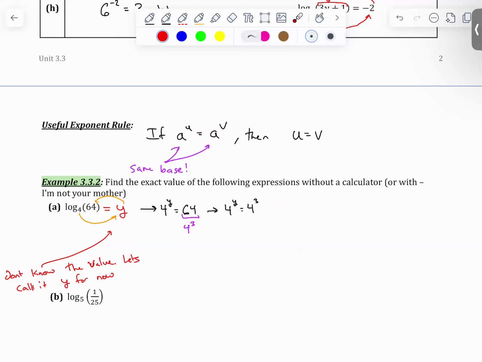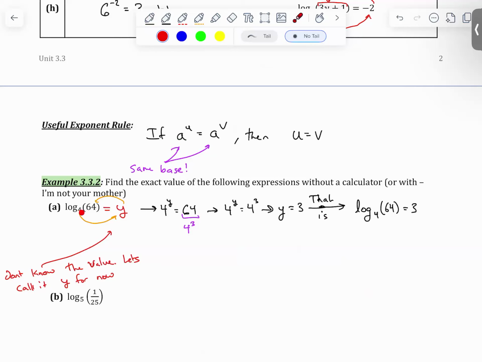So this means that y has to equal 3. Or that is, log base 4 of 64 is equal to 3. Let's talk through that one more time because that was a lot of writing without a lot of time to think. So we didn't know what the value was, so we just called it y. You could use x, you could use any variable you want.